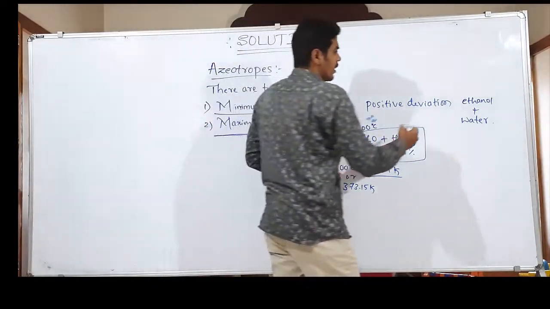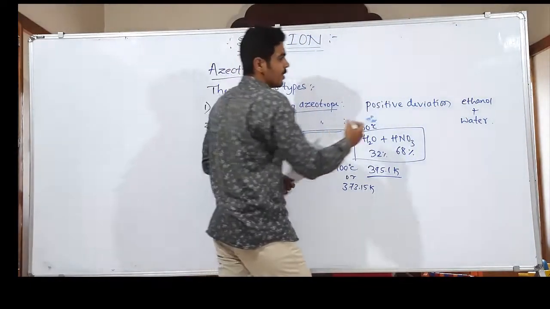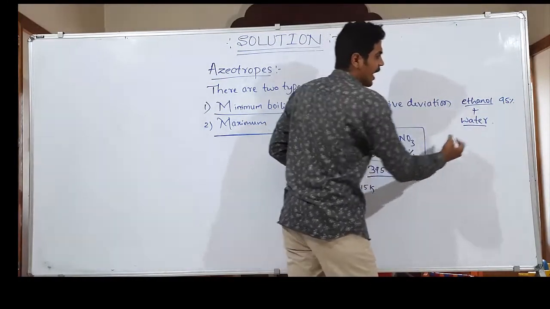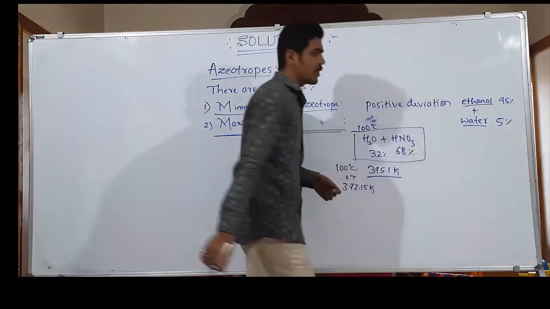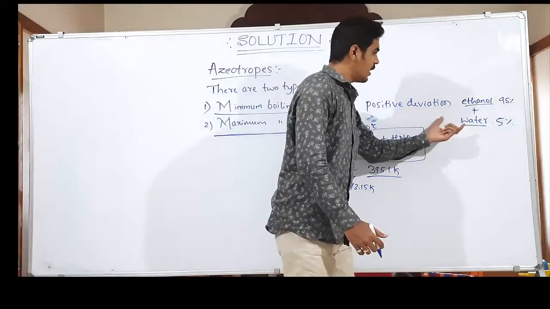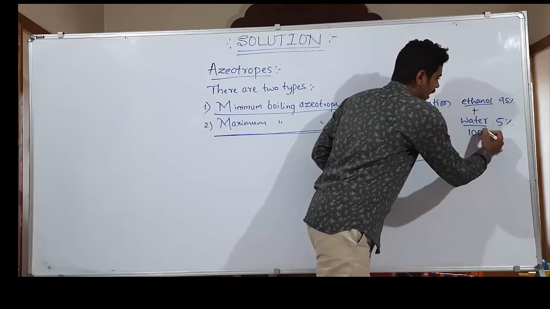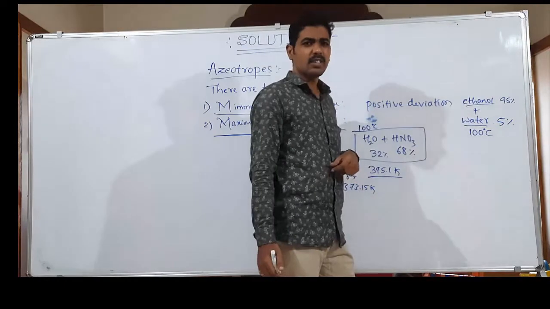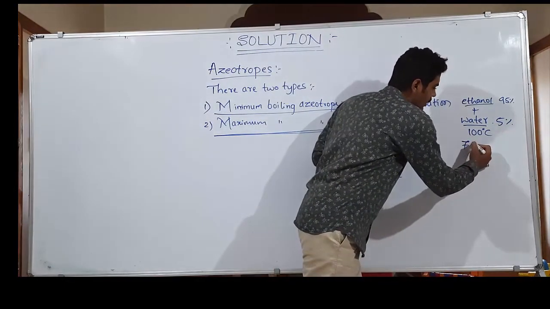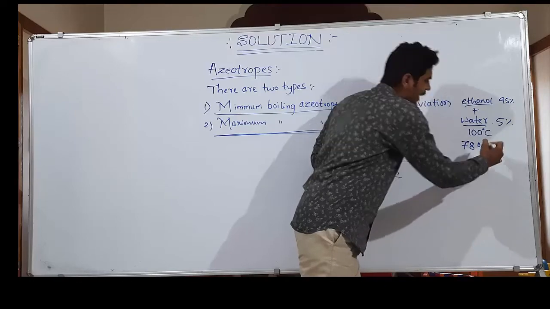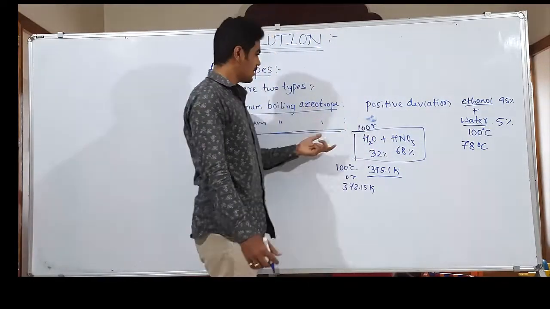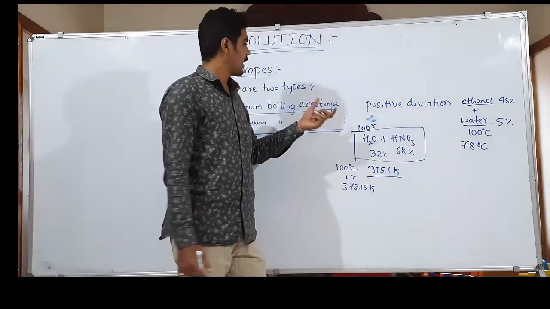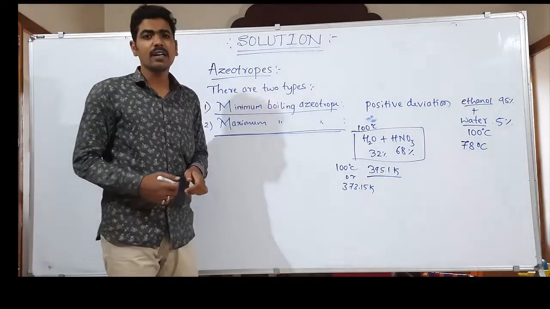In the case of minimum boiling azeotropes, the mixture of ethanol and water, 95% of ethanol and 5% of water is present. And here the water boiling point is 100 degrees Celsius. But when they are mixed with each other, the boiling point decreases to nearly 78 degrees Celsius. And hence the mixture will boil at minimum temperature and hence they are said to be minimum boiling azeotropes.